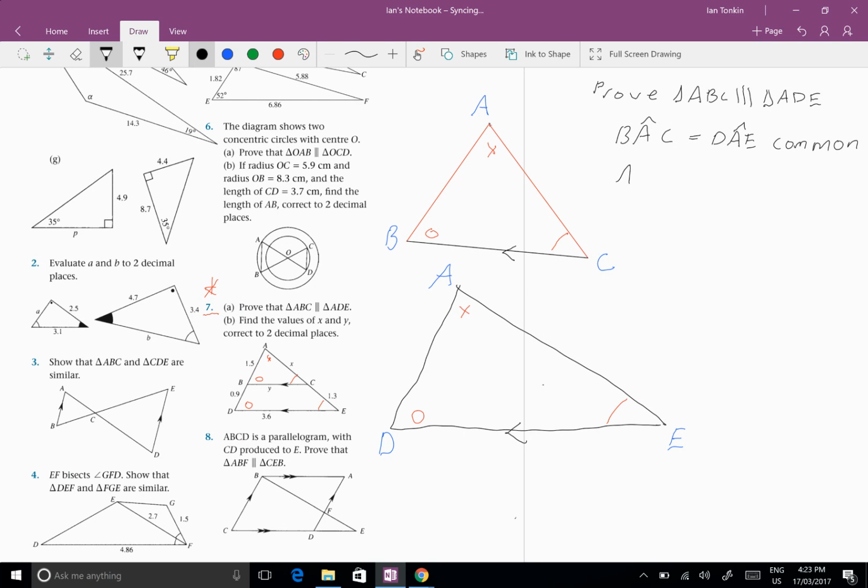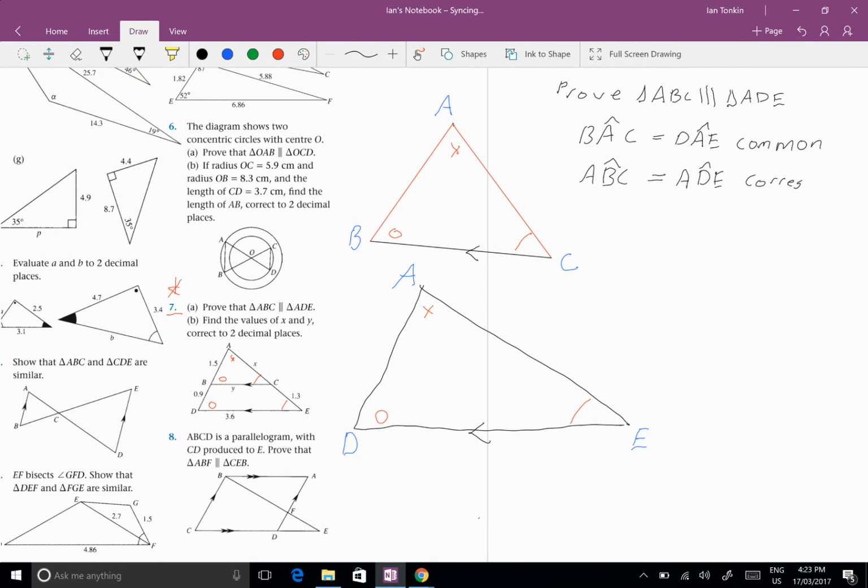And angle ABC equals angle ADE. It's corresponding angles, and BC is parallel to DE.